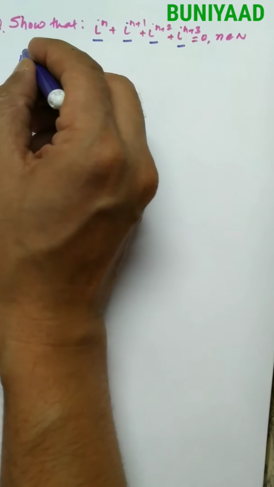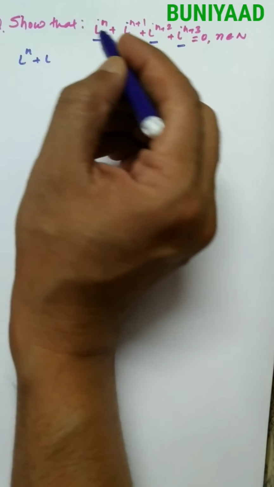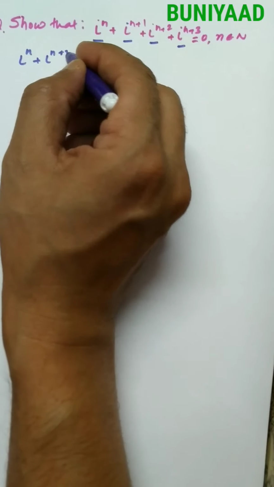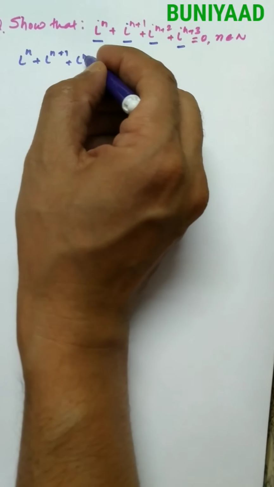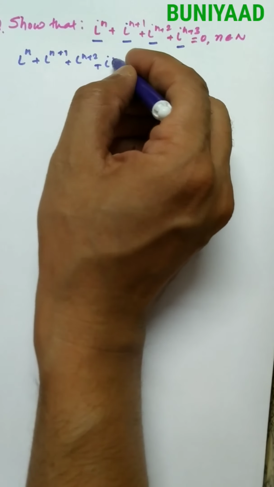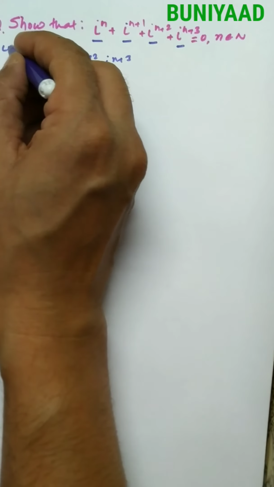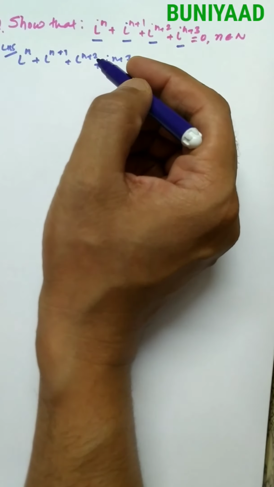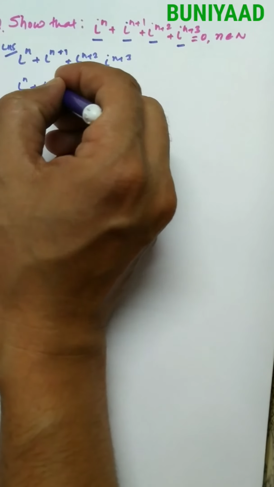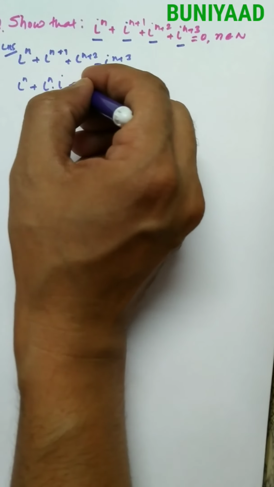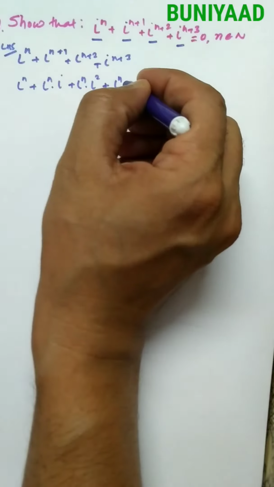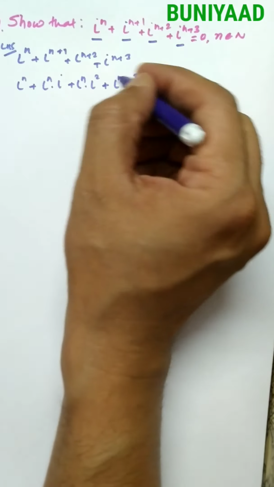First of all, this is the question: iota raised to power n plus iota raised to power n plus 1 plus iota raised to power n plus 2 plus iota raised to power n plus 3. This is your LHS. Now you can break it: iota raised to power n plus iota raised to power n into iota, iota raised to power n into iota square, iota raised to power n into iota cube.